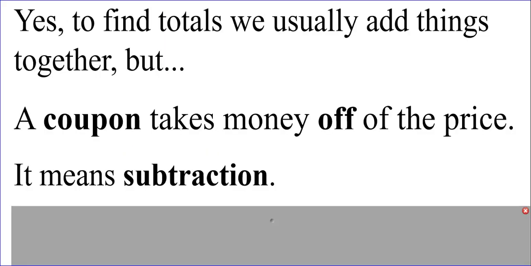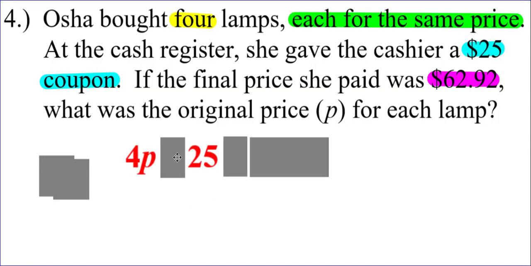Now, yes, I've told you that to find totals, we usually add things together, but a coupon, if you think about this in real life, will take money off of the price, and therefore that's going to be subtracting it away from the price. So we are not going to add by 25 because if it's a $25 coupon, we will subtract that away from the price of the 4 lamps.